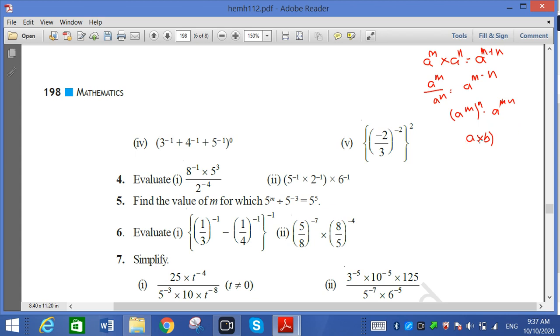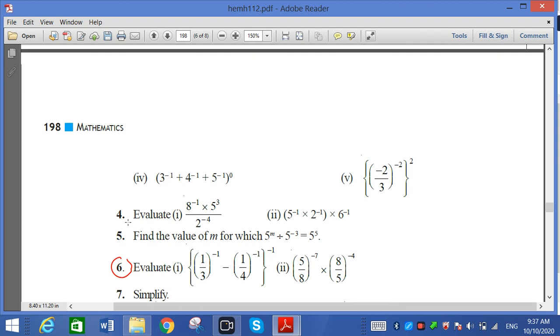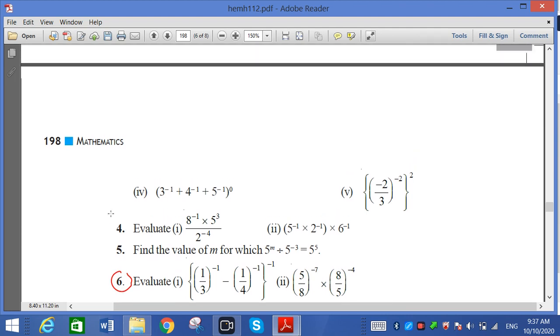Now we want to solve the sums. We have already completed 6 sums, but again I am explaining from the 6th sum because it is important. So 1 upon 3 power minus 1, minus 1 upon 4 power minus 1. When a negative power is there, we have to take the reciprocal of the numerator and denominator.